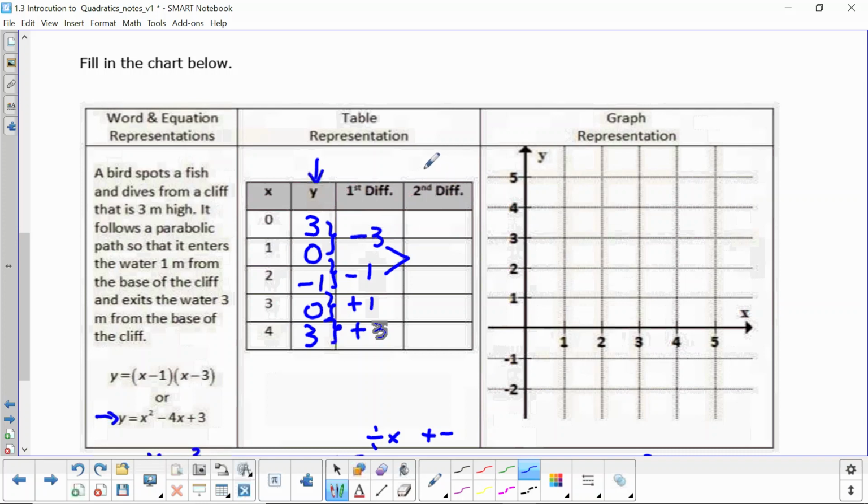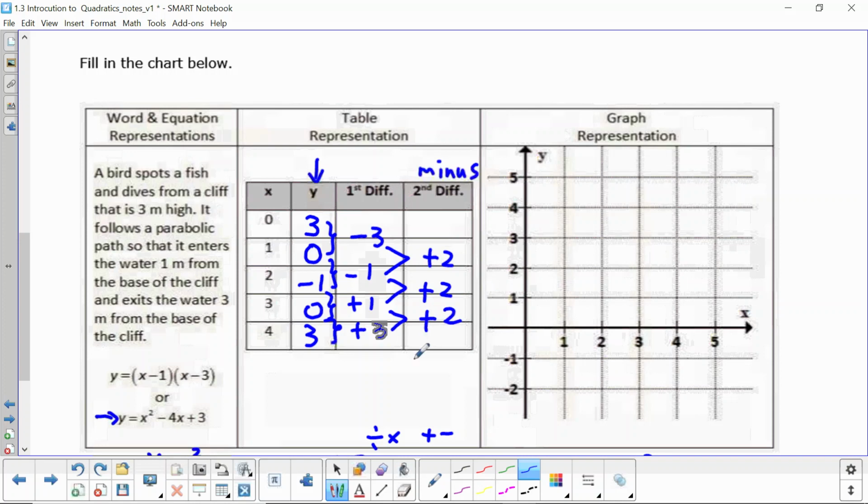This is a minus again. Difference means subtraction means minus. So negative 1 minus negative 3 is up 2. Think of temperature: negative 3 degrees to negative 1 degrees is up 2. Negative 1 degrees to 1 degrees is up 2 again. 1 degree to 3 degrees is up 2.